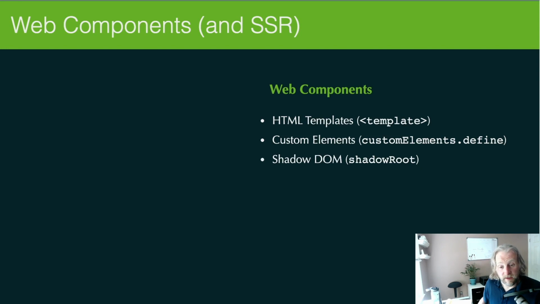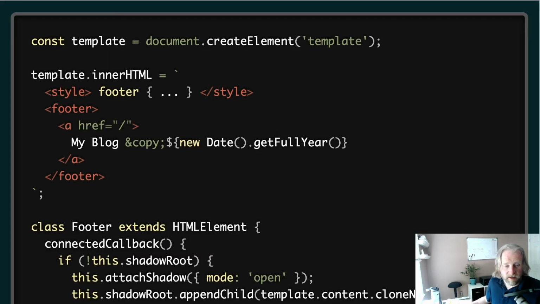Together they combine to make the web components capability, which effectively, just like you might see in the browser with things like date pickers, allows you to define your own HTML tags and attach styles and behavior to them. And this is an example of what one might look like.